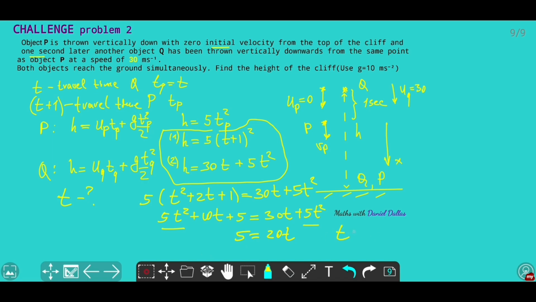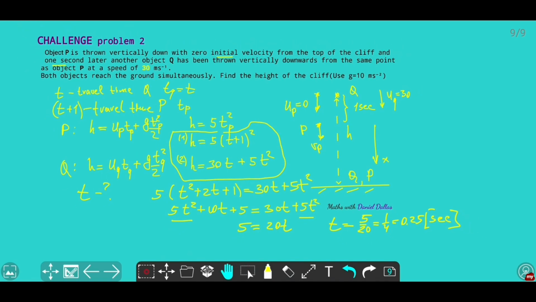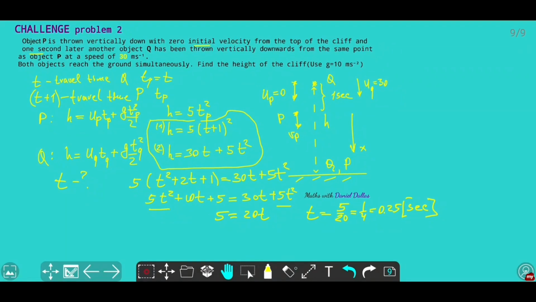So from there, we can find that the travel time for object Q is going to be equal to 5 over 20, or 1/4, or 0.25 in decimal seconds. So 0.25 seconds. And what we're going to do, we're going to plug it in to find h. So for example, for simplicity, I will use equation 1 and just calculate straight away. 5 times t plus 1 squared is going to be 5 times 1.25 squared.